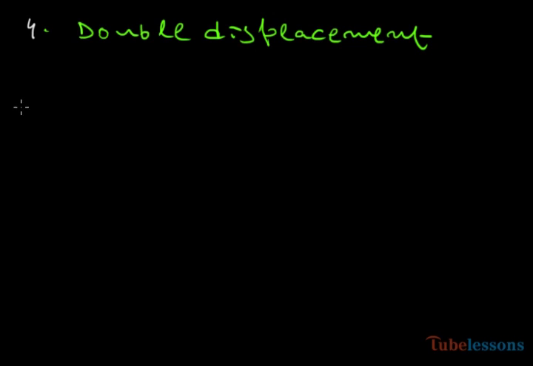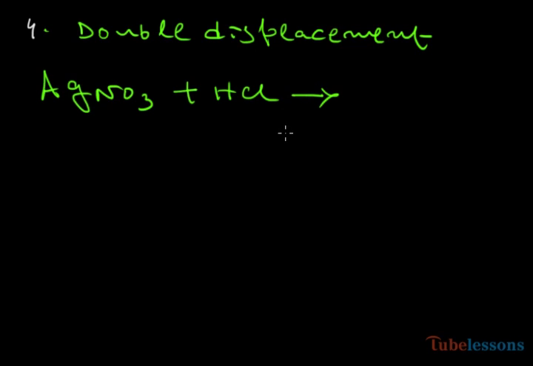As for example, silver nitrate, when it reacts with hydrochloric acid, the cation and anion of these two compounds interchange their positions and it gives AgCl, a white precipitate of AgCl, and nitric acid.